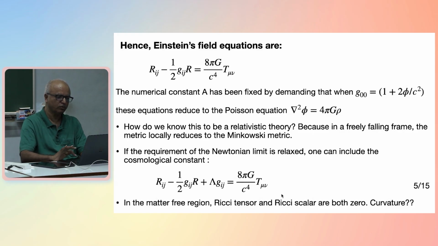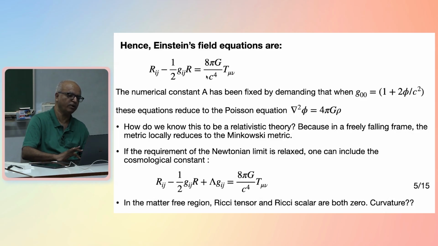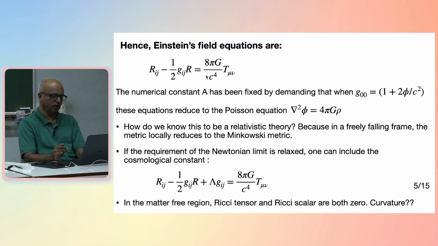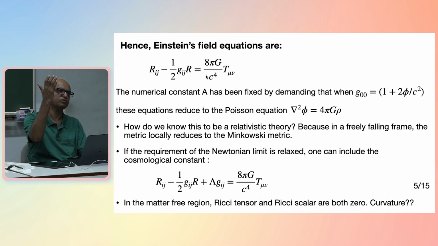Question? Any question? Why add the cosmological term lambda? Very good question. As you know, there is a history. The cosmological constant was added by Einstein because when he applied these equations to cosmology, he wanted to get a static universe, because that's what you saw, right?